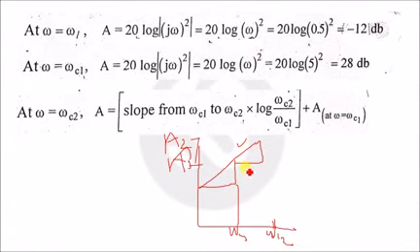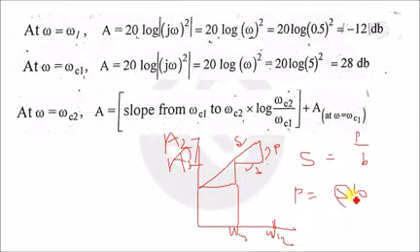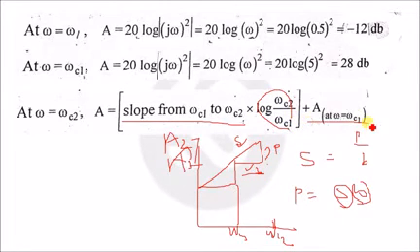I know this, I know this, I need to find this. If this is P, this is B, this is S, I can write S equal to P by B, or you can write P equal to SB, and S is the slope, and B is nothing but a log function. Finished.